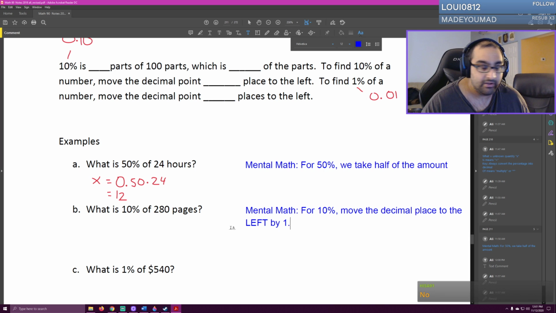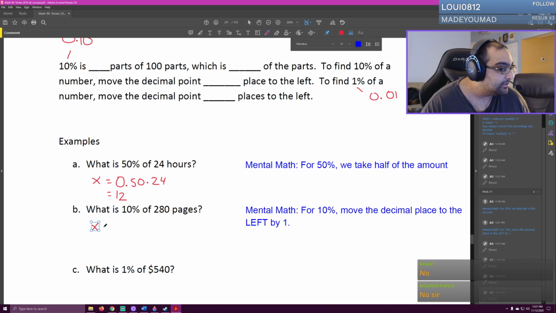If we took a look at this example, if we interpreted this, we have x is equal to 0.10 of, which is times, 280. But if I did the mental math here, I could take 280 and all I have to do is move it to the left by 1 decimal place.